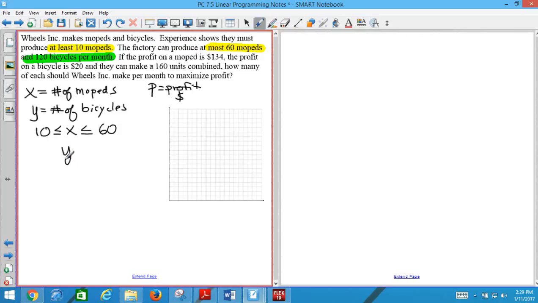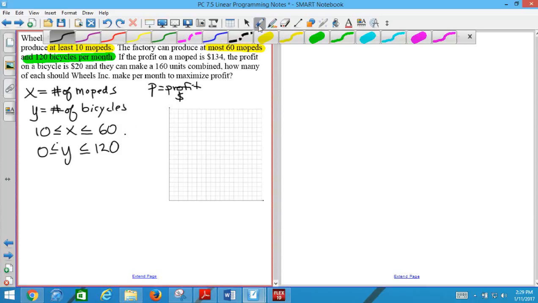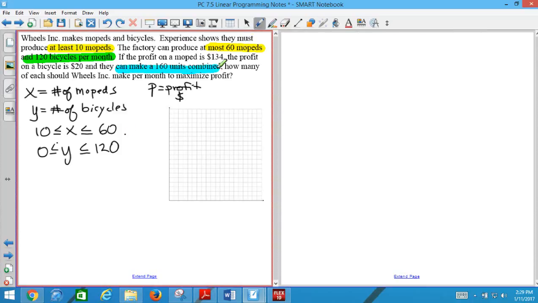So our bicycles have to be greater than or equal to 0 and less than or equal to 120. And then they can make a total of 160 mopeds and bicycles combined. So if you add together x plus y, we can only get a total of 160.